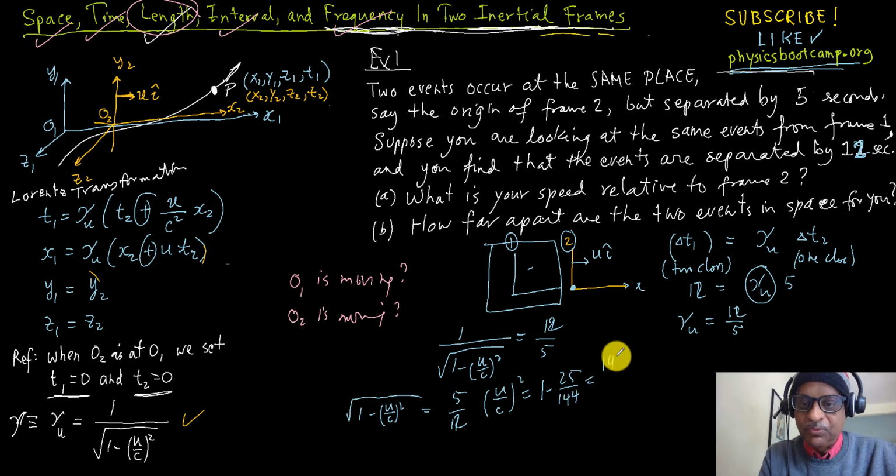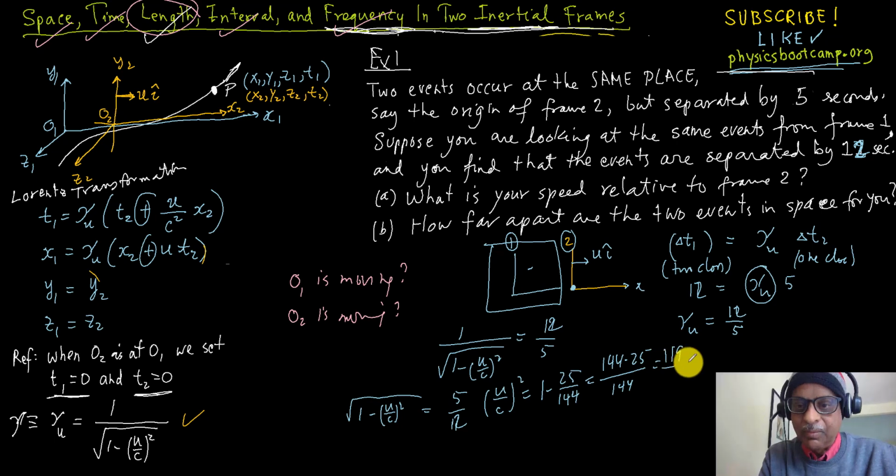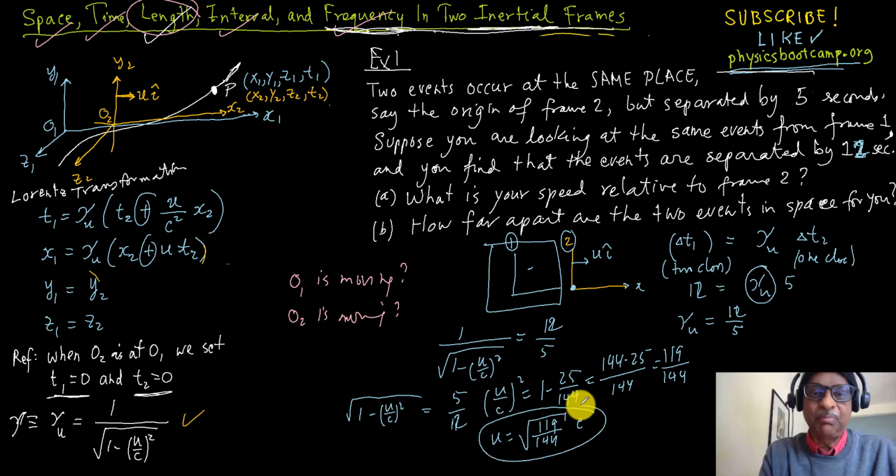So 144 minus 25 over 144. Actually, we could have done 11, but I had something else in mind. So u is square root of 119 over 144 times the speed of light. So that's part A.